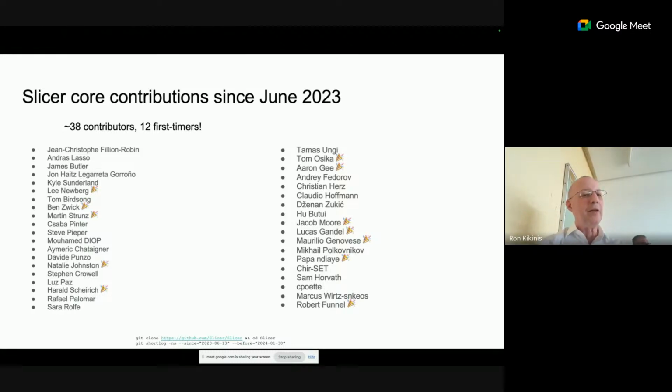It basically tells you that it's not a single guy sitting at home doing Slicer, but it's really a community of developers. These are not extension developers. These are contributors to the Slicer core, just since last June. So 38 contributors, 12 of them first timers.